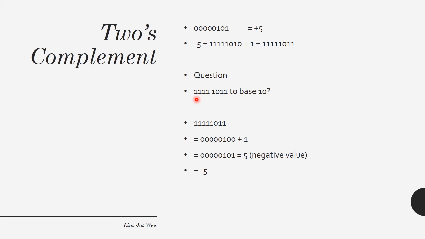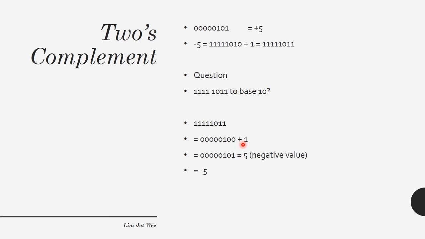But how do I still get the base 10? Do the two's complement to this binary. So I extract it from the question and flip all the 1s and 0s. So I will have 0, 0, 0, 0, 0, 1, 0, 0, then plus 1.